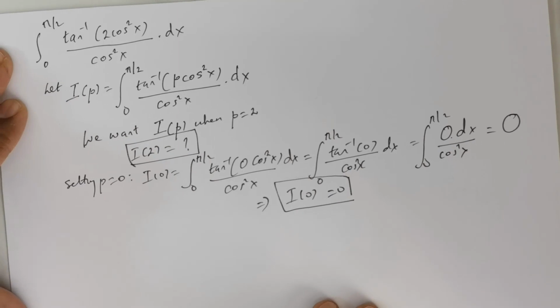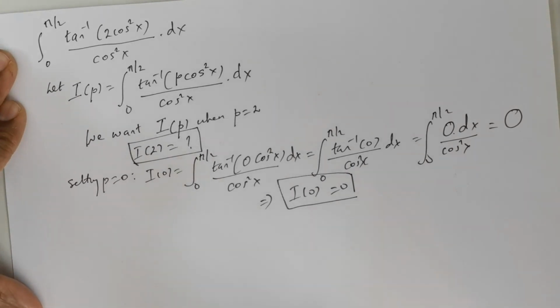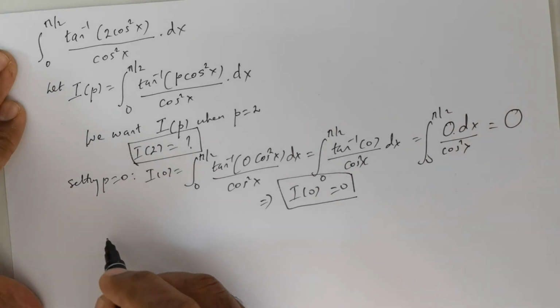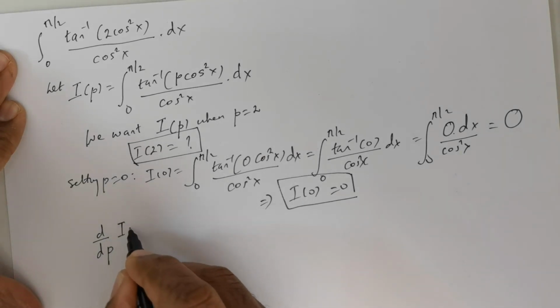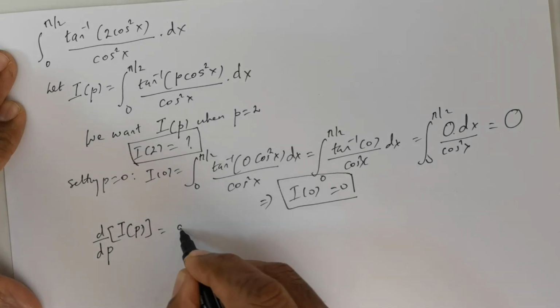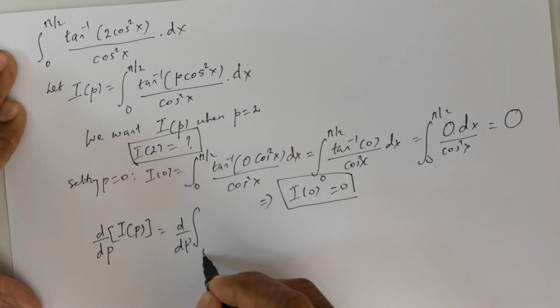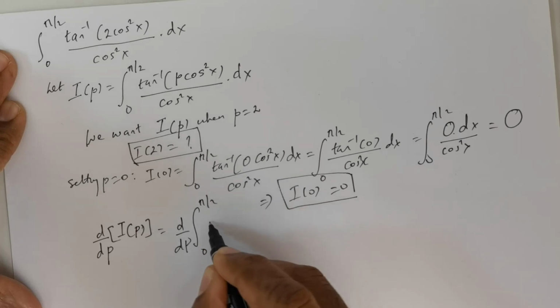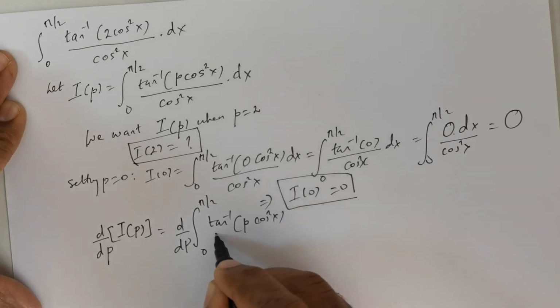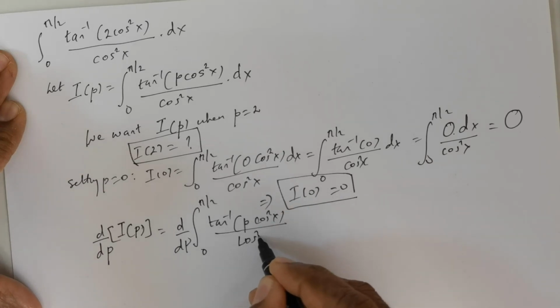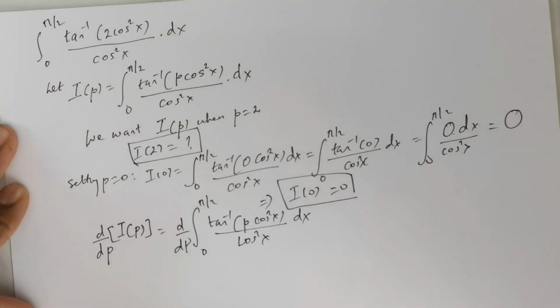Now this is important. Having got that, let me now obtain d over dp. I'm going to operate on both sides by d over dp: d over dp of I of p is equal to d over dp of the integral from 0 to pi over 2 of tan inverse of p times cos squared x over cos squared x, times dx.